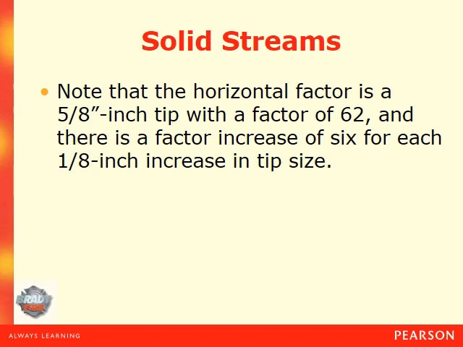So basically, you can start with remembering, if you wanted to, that a 5/8 inch tip has a horizontal factor of 62, and for every eighth it goes up, it's going to increase by 6. That way you don't have to remember the whole chart.